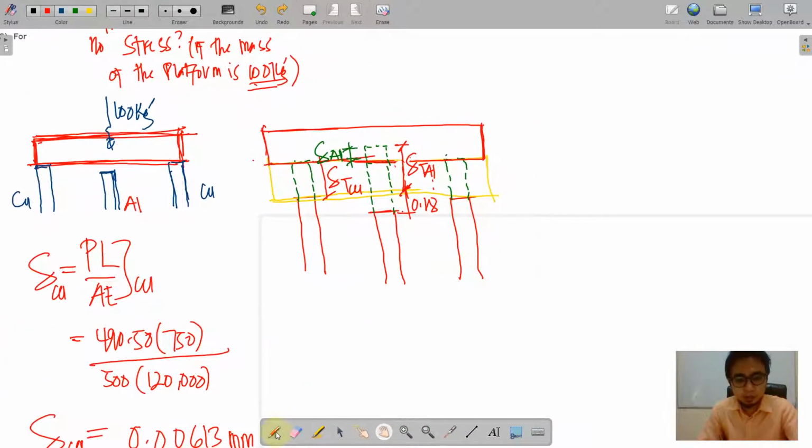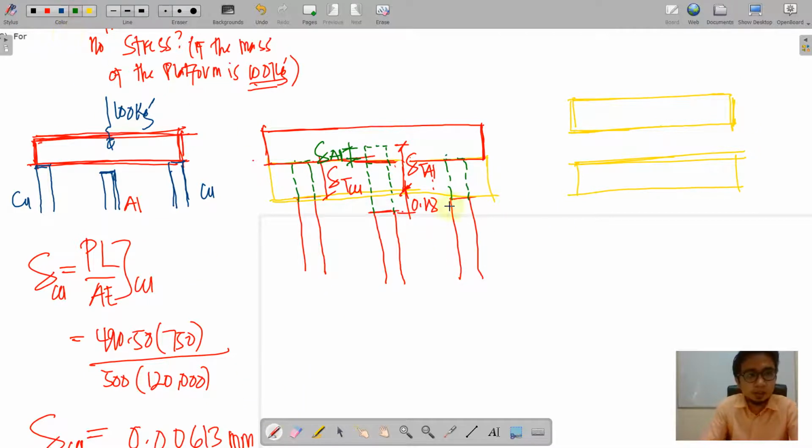So let us have a recap on this. If this is the original platform and this will be the final position of the platform, so the central rod will be placed in a way that it will be inserted into this platform.